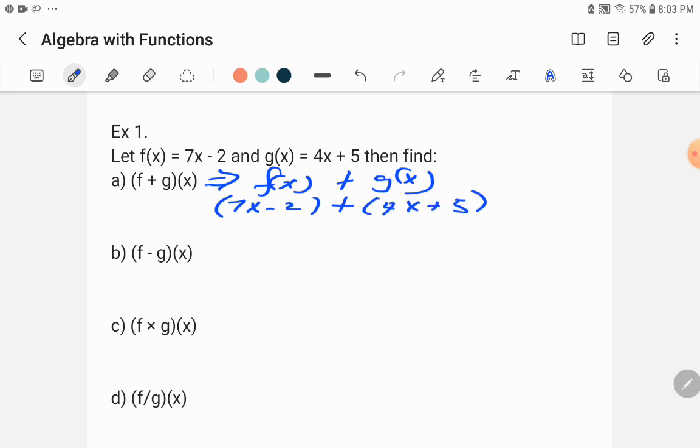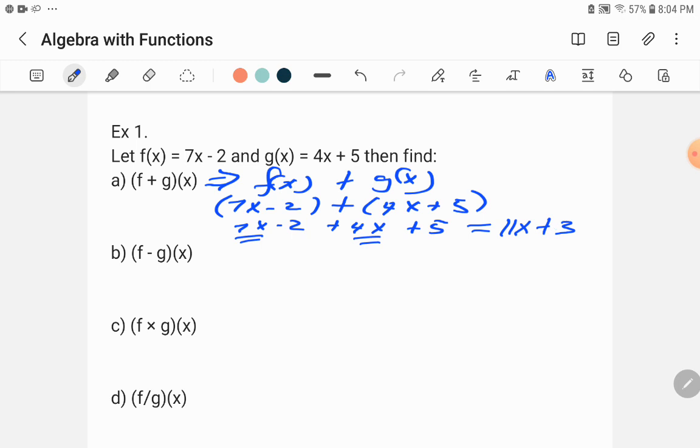So here we have 7x minus 2 plus 4x plus 5. So we're just going to add like terms. So 7x plus 4x will give us 11x. And now we add minus 2 plus 5, that would be plus 3.